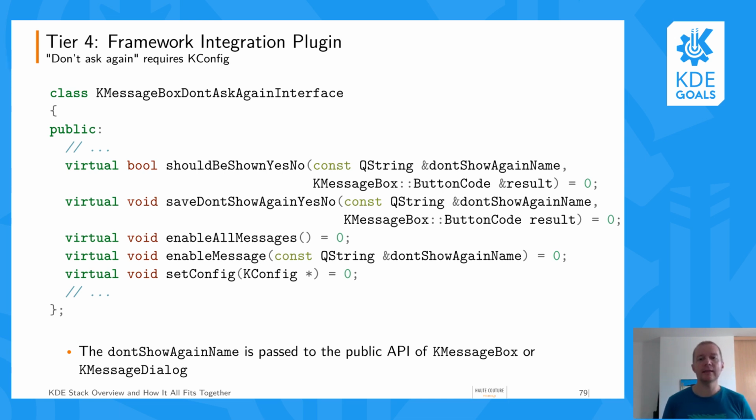What we are doing is that inside of the framework containing KMessageBox, we have a KMessageBox don't ask again interface, which provides a bunch of methods. So it's a pure interface, they're all pure virtual. And the don't show again name, that's the one which is passed to KMessageBox or KMessageDialog.